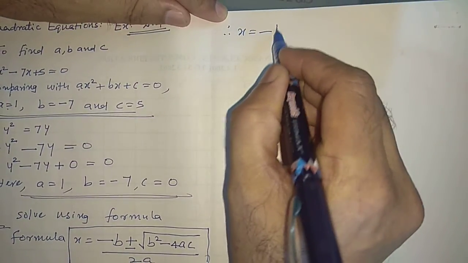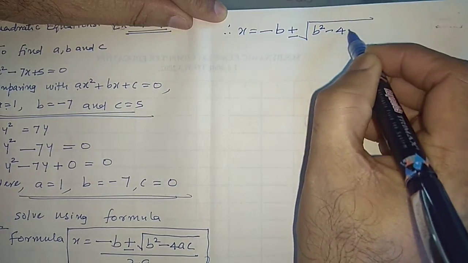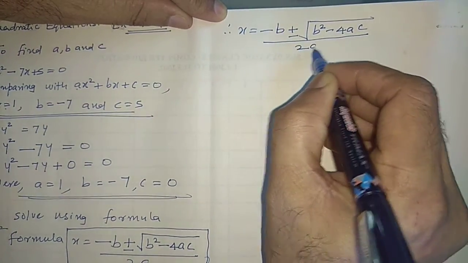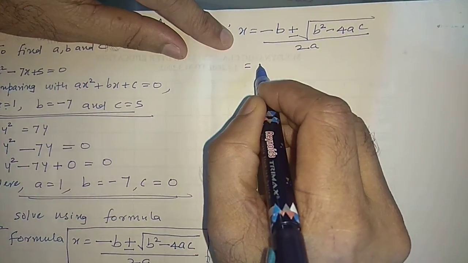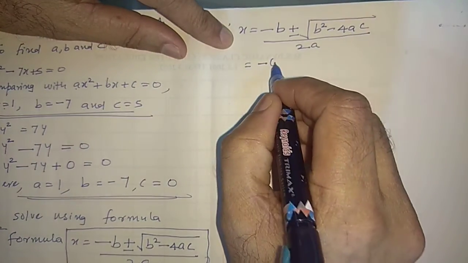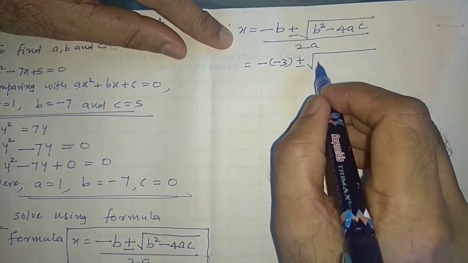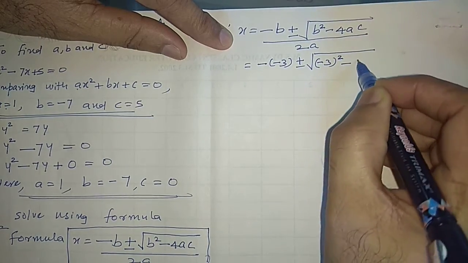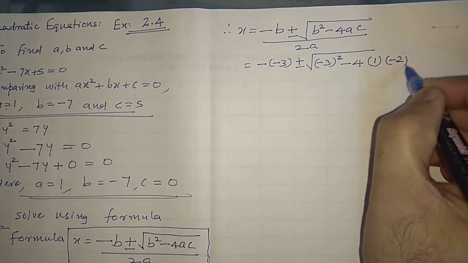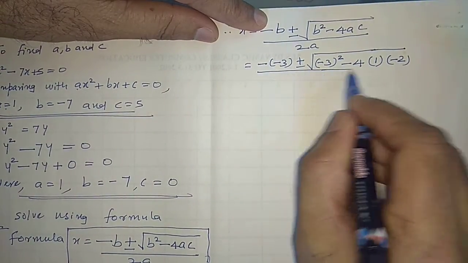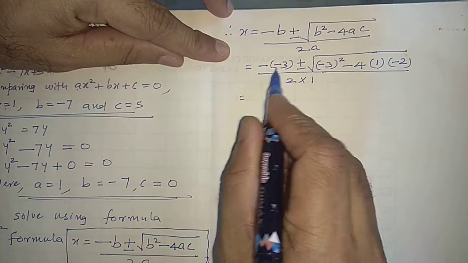Therefore, x is equal to minus b plus or minus root of b square minus 4ac upon 2a. b we have as minus 3, so minus b is minus of minus 3, which is plus 3, plus or minus root of b square, minus 3 square is plus 9, minus 4 into a is 1 into c is minus 2, the whole quantity divided by 2 into a, which is 1.